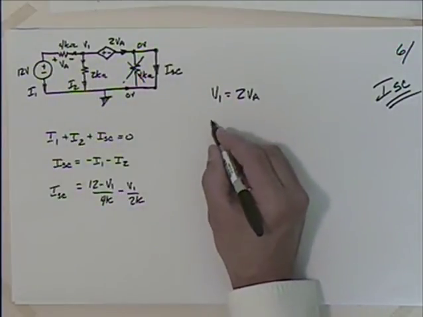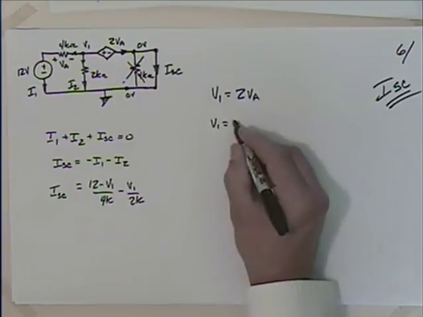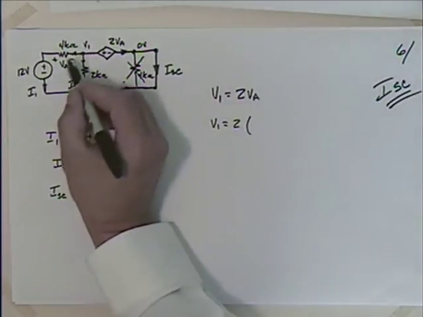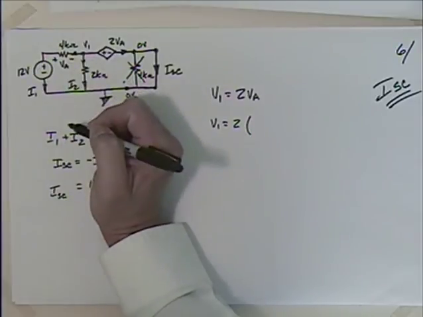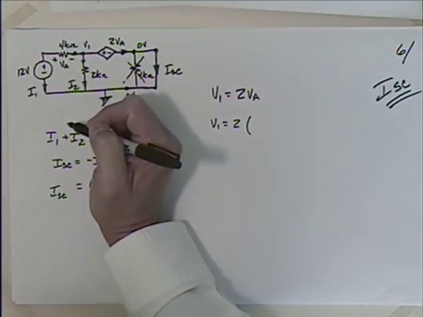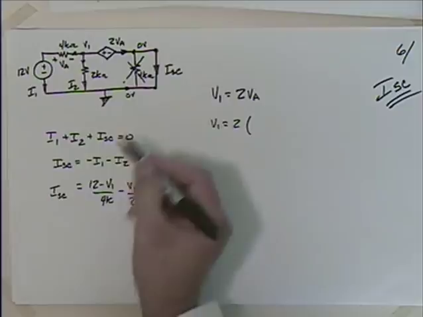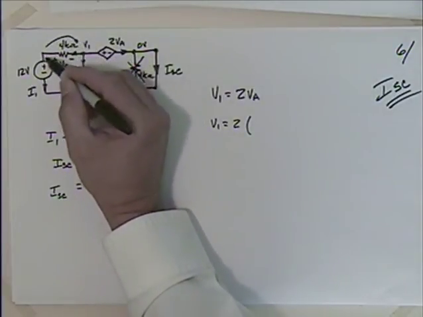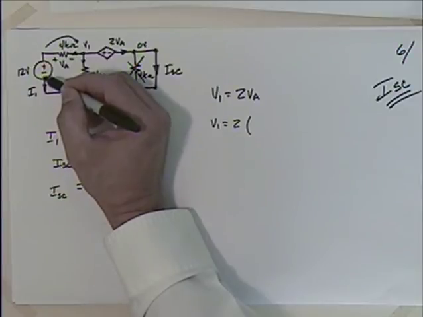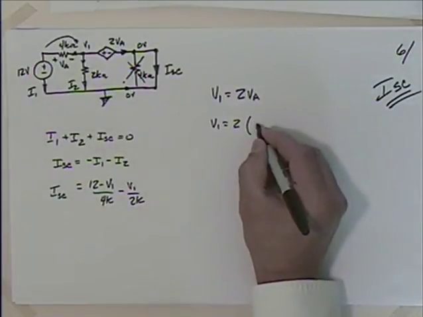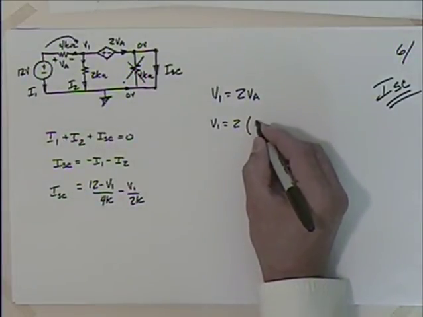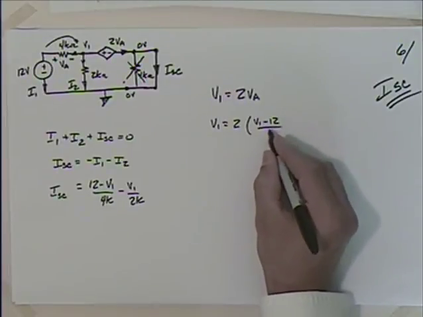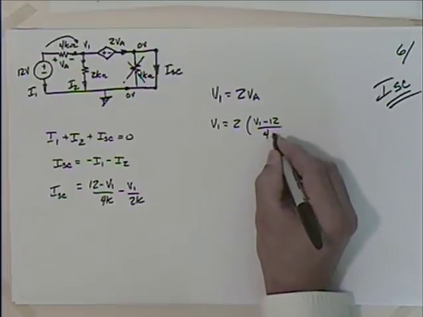So V1 is going to be equal to 2 times what's VA? Well, I need to go that way, so that's minus 12 plus V1, right? We've done that before. So I'll say V1 minus 12 divided by 4K.